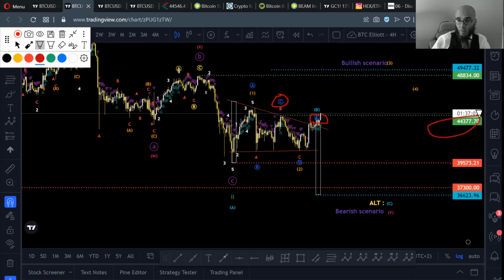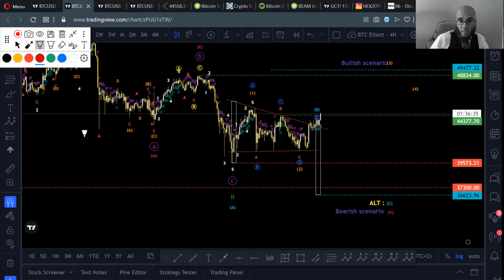The level is 44,377.70. And we did break that level just now. So in my opinion, the bearish triangle scenario that I put here on the screen is not in play anymore.